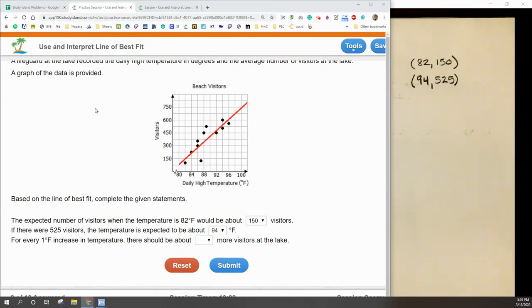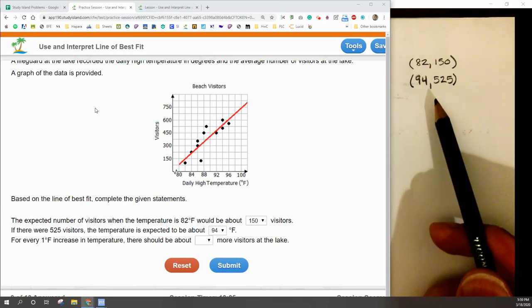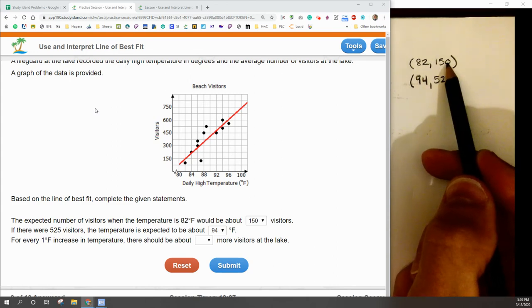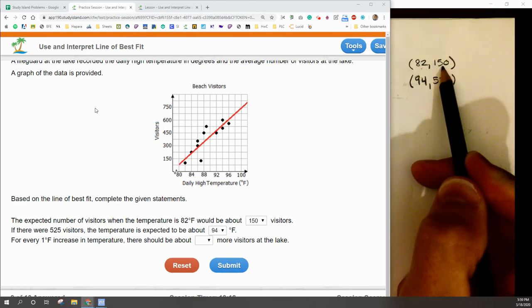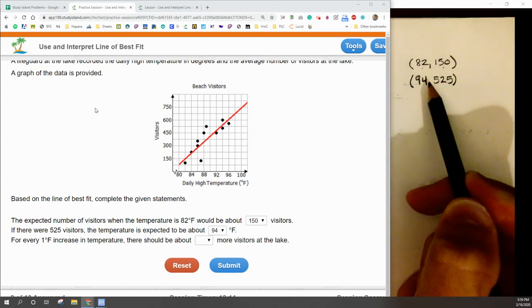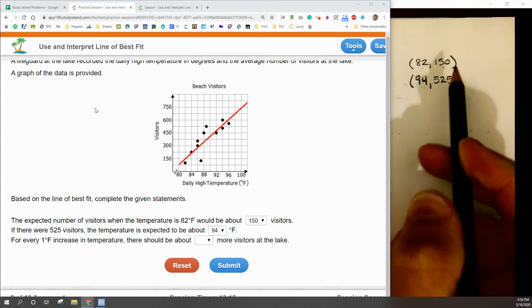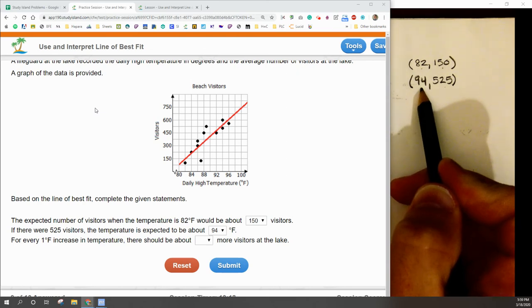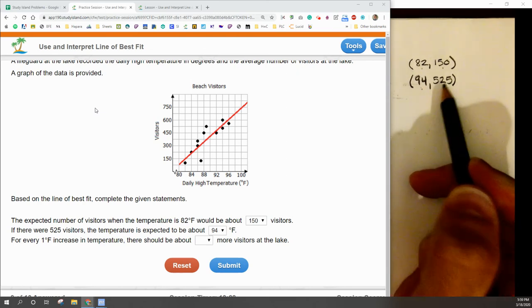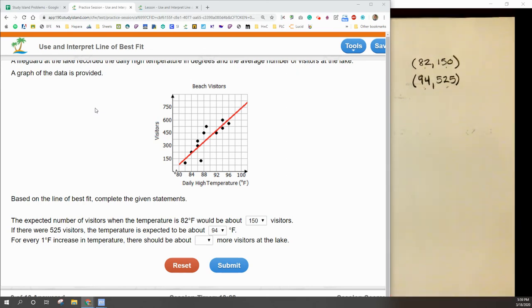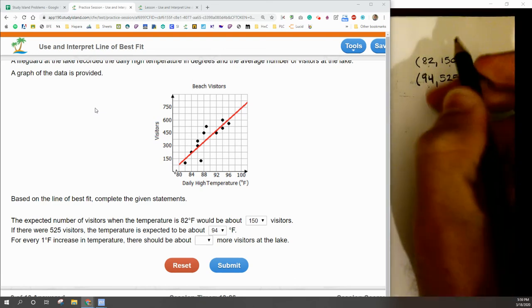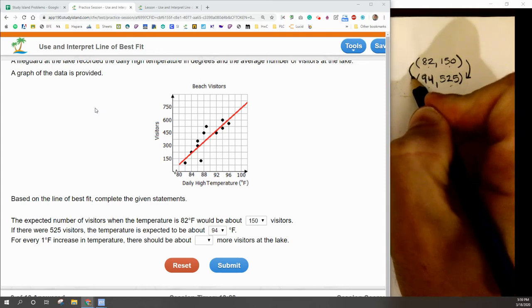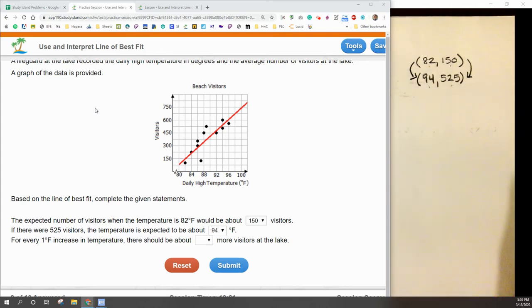Here's how we do that. We just identified these 2 points as part of the line. 82, 150, because when x was 82 degrees Fahrenheit, y was 150 visitors, and 94, 525, because when x was 94 degrees Fahrenheit, there were 525 visitors. The way that we find the slope is we simply take how the y value changes from one point to another and divide it by how the x value changes from one point to another.